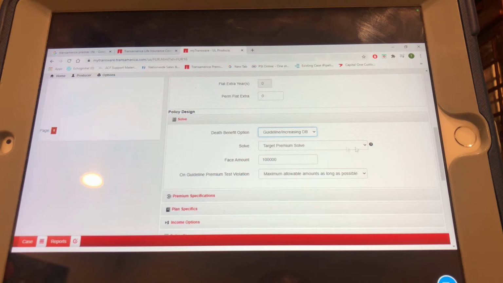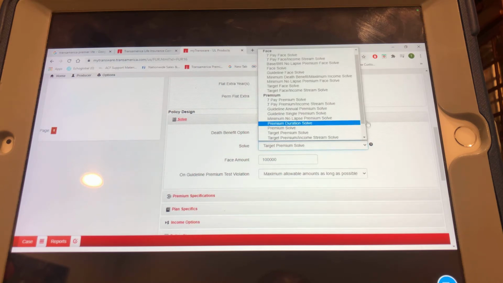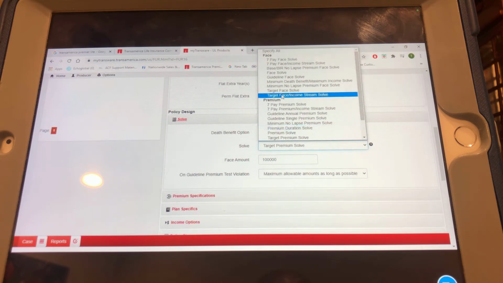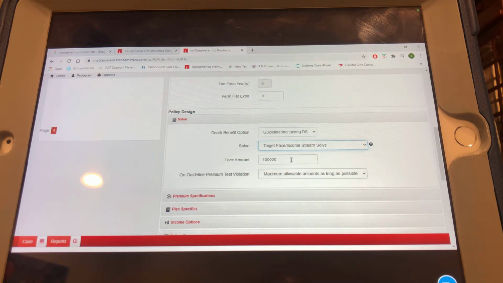Next, where it says solve, we're going to go ahead and do this. Target phase / income stream solve. You're going to hit target phase / income stream solve. Okay, and then click it. So I go guideline, increasing death benefit, then target phase, income stream solve.